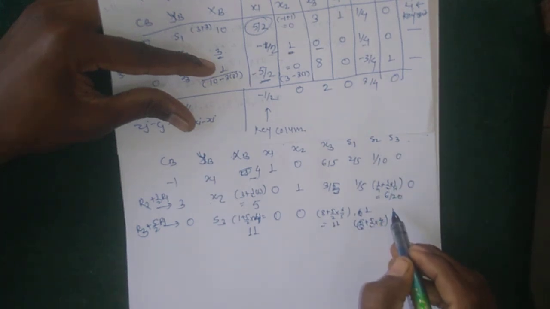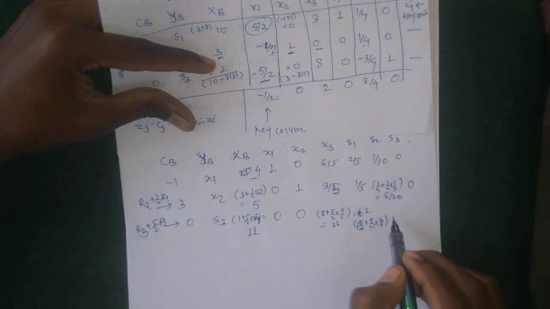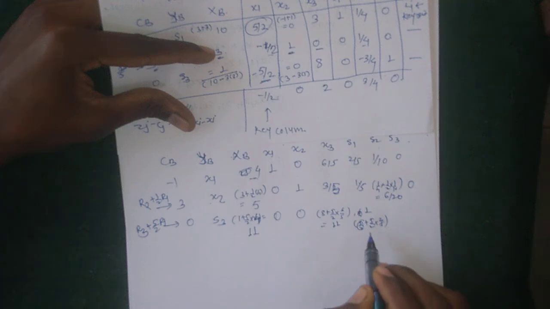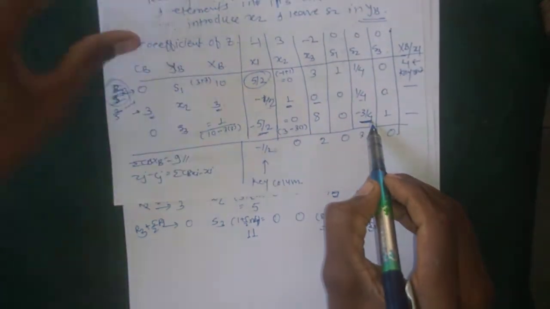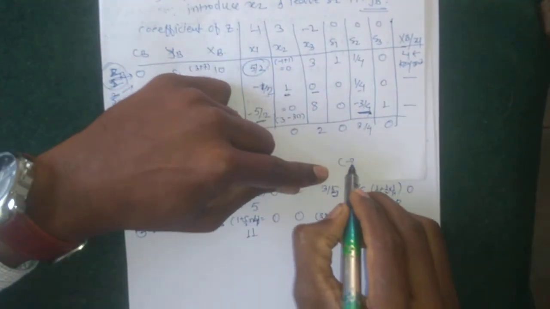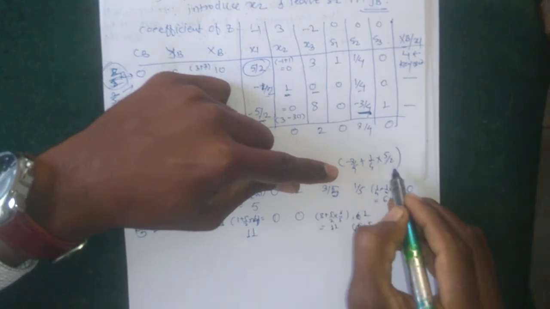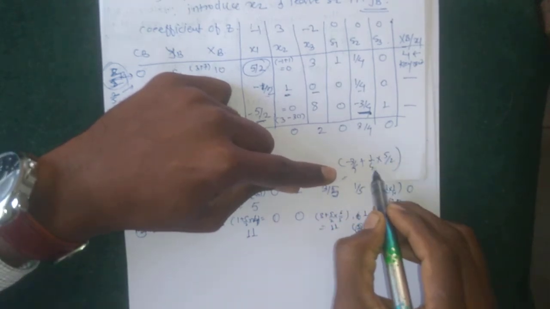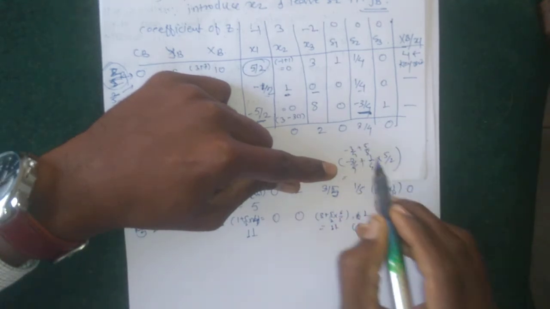And in the S2 column, this is minus 3 by 4 plus 1 by 4 into 5 by 2, we get minus 3 by 4 as it is, plus 5 by 8.